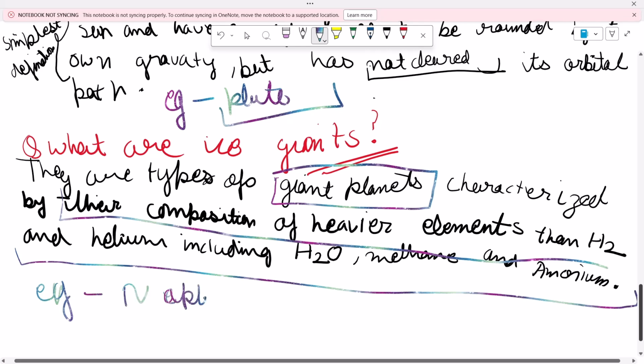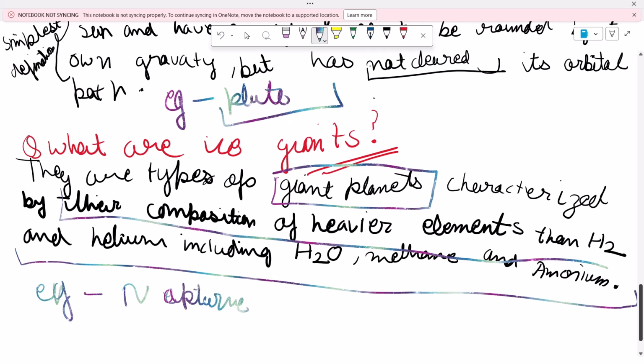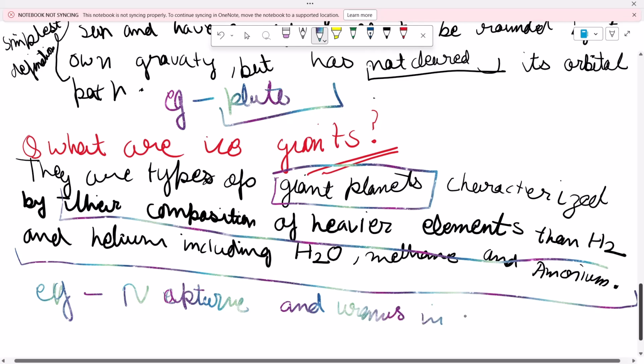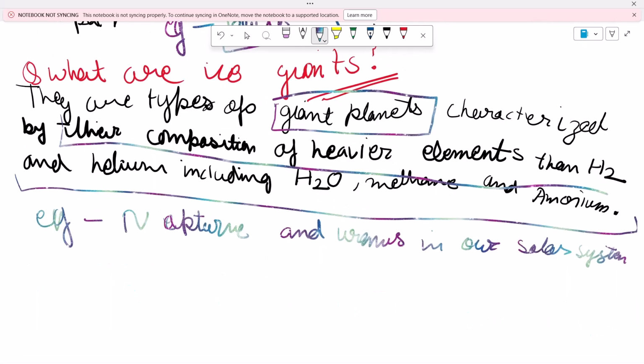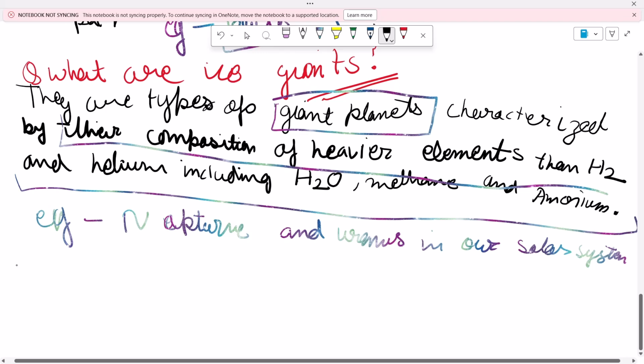Neptune and Uranus in our solar system. So only the last type of planet is left, that is the super Earth planet.